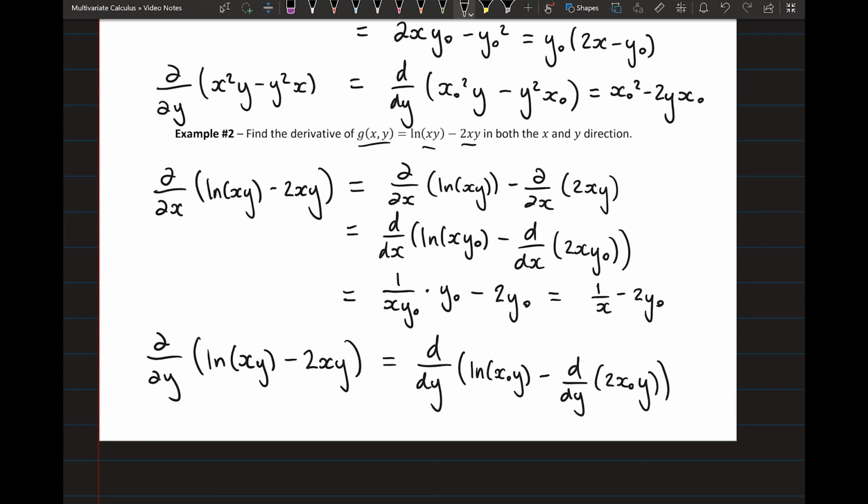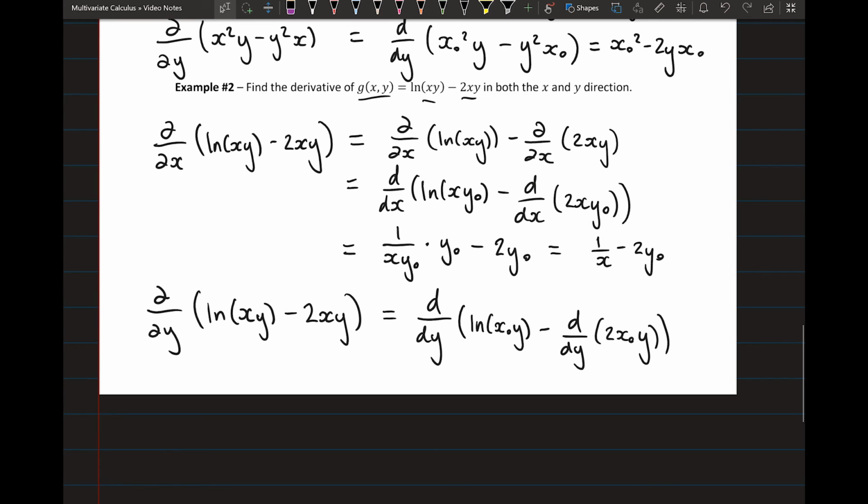So we're setting x to a particular point on its axis. And here, by the chain rule, we get 1 over y x naught multiplied by x naught again, subtracting 2x naught. Sorry, that's my bad. And of course that simplifies to 1 over y minus 2x naught.